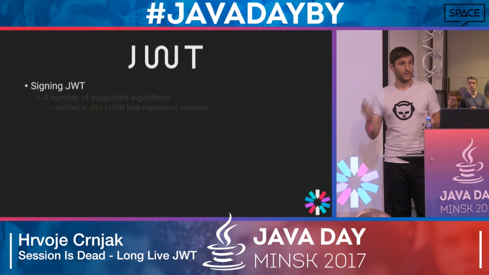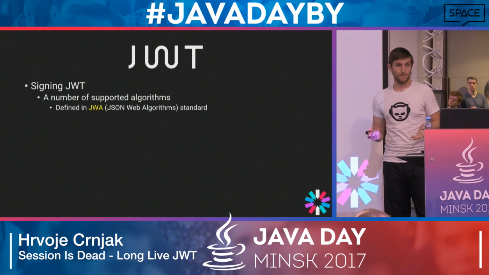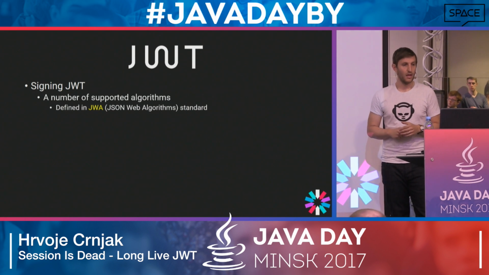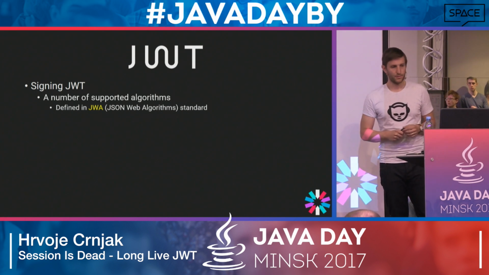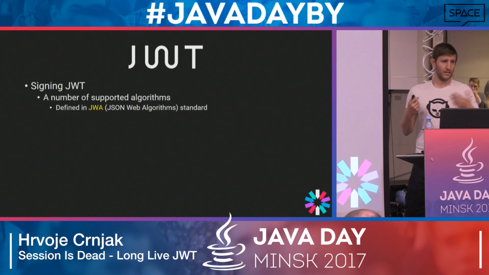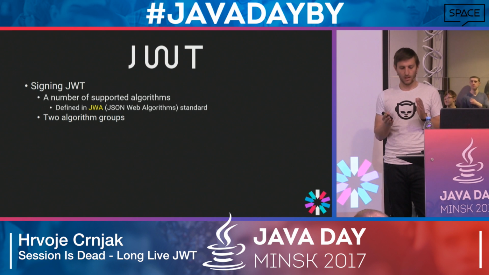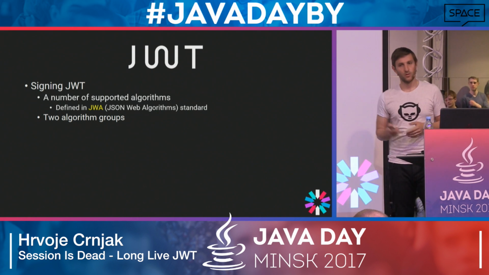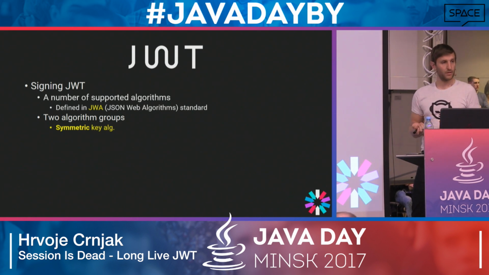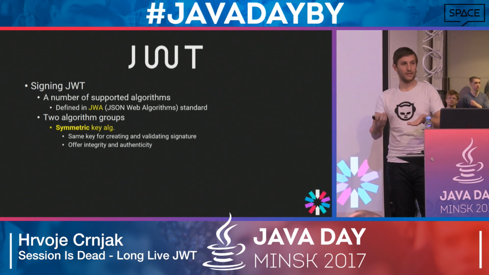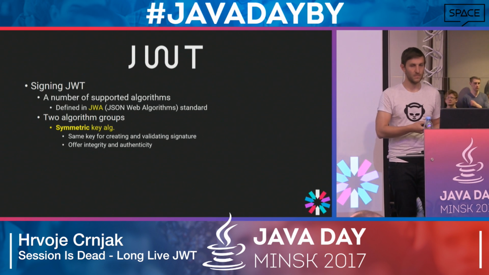First of all, there's a whole bunch of algorithms that you can use to sign them, and they're all defined in the JWA, the JSON Web Algorithms standard. But all of these algorithms can be separated into two groups. So we have symmetric key algorithms. Of course, in this case, the same key is used for both creating a signature and validating a signature.